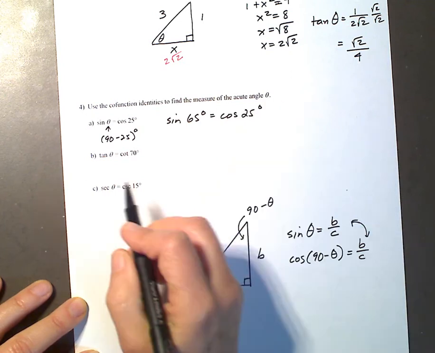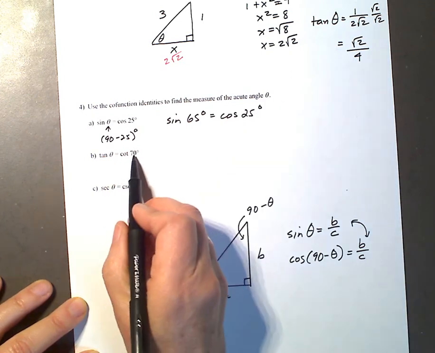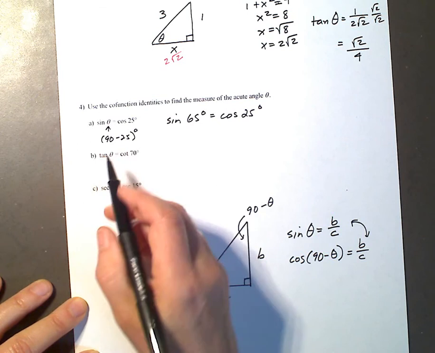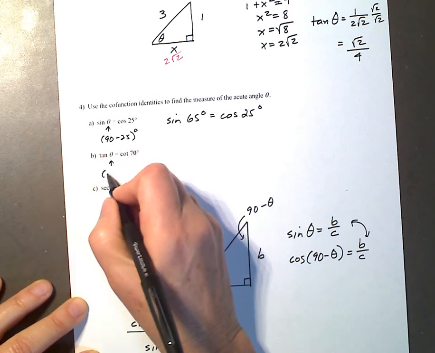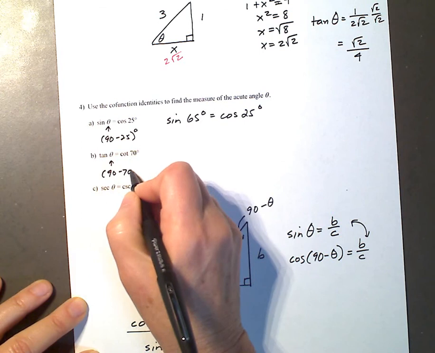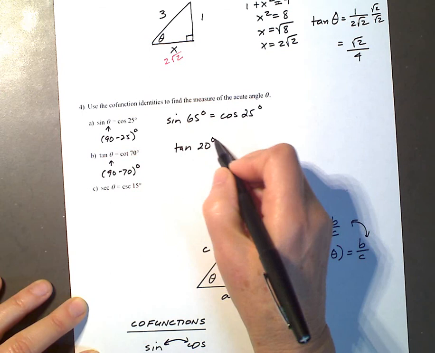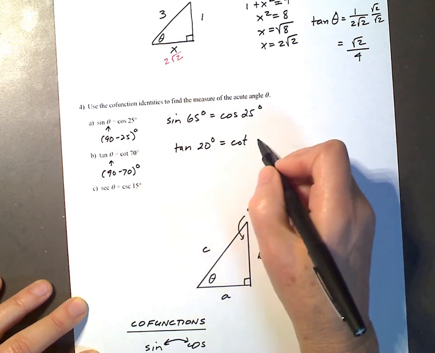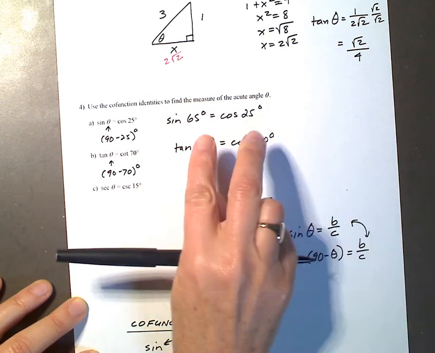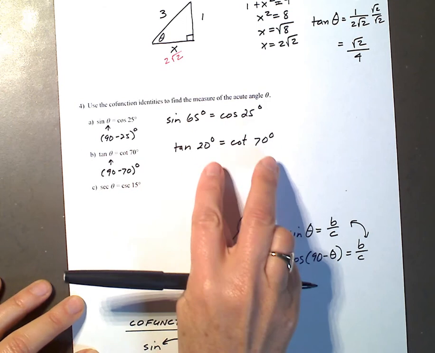Okay, if the cotangent of 70 degrees is equal to the tangent of theta, then theta must be 90 minus 70 degrees. So the tangent of 20 degrees will be the same as the cotangent of 70 degrees. See how these add to 90 and these add to 90?